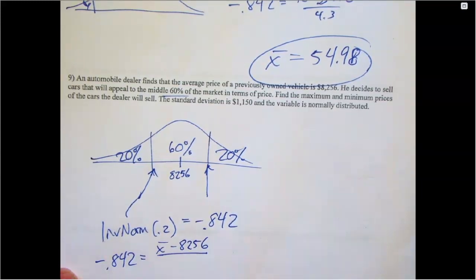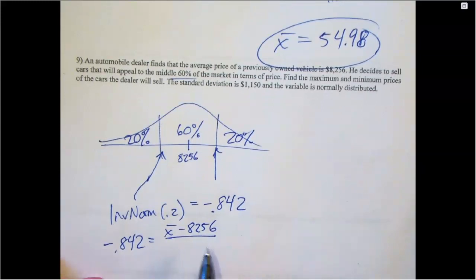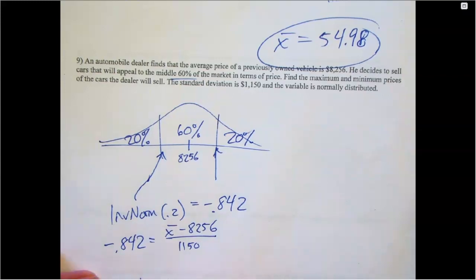I'm going to show you like a little shortcut here at the end. Standard deviation is 1150. So negative 0.842 times 1150 plus 8256. Wait, no. So I got 7287.7. Agree?